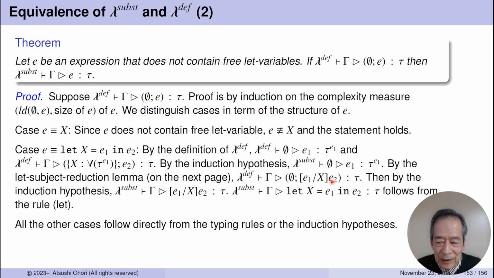So for the term obtained from E2 by replacing occurrences of X with E1, this expanded term has the same gamma and same tau. From this derivation, we obtain this derivation by the lemma. We will show it in the next slide.